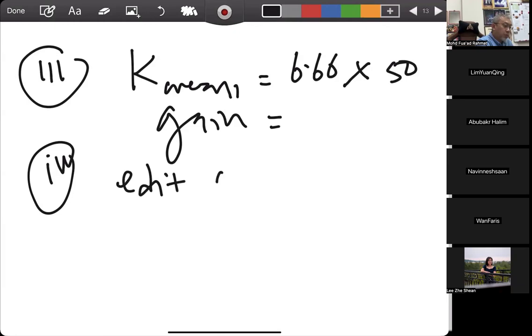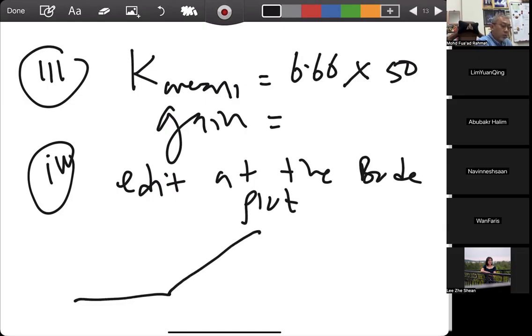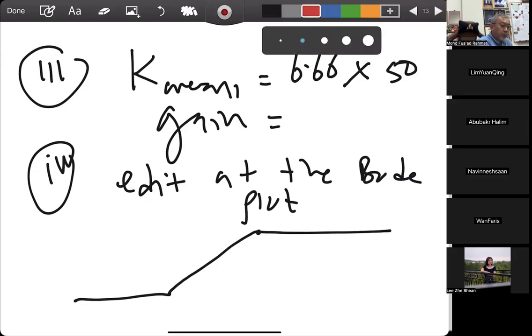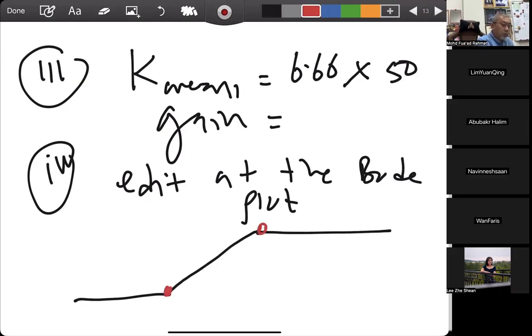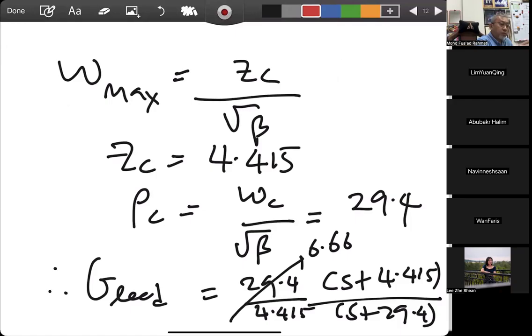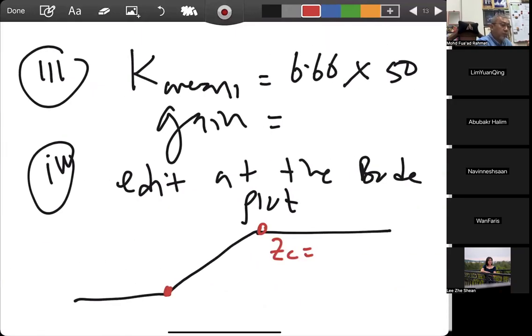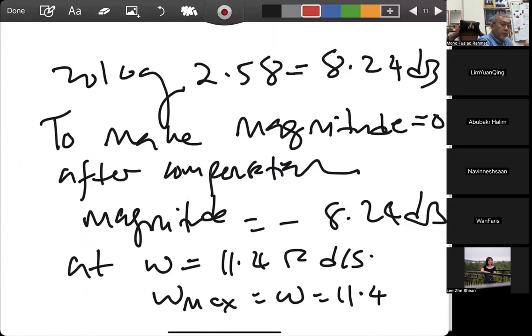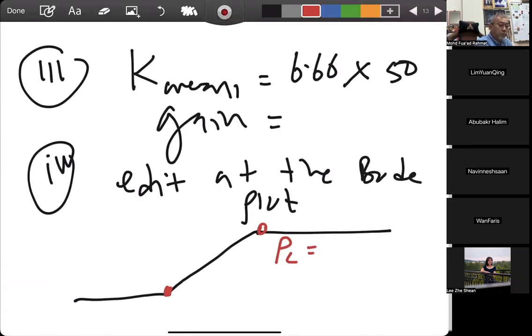And then this one is to add the Bode plot, something like that. This is your PC, which is 29.4.